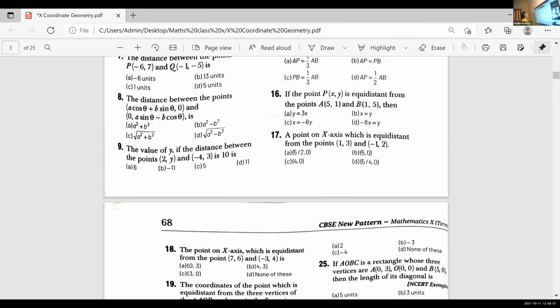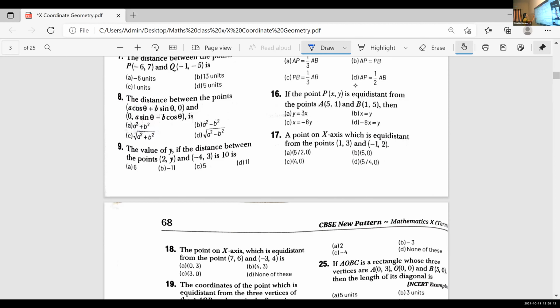Do the 8th one. The distance between the points (a cos theta + b sin theta, 0) and (0, a sin theta - b cos theta). How to find the distance?